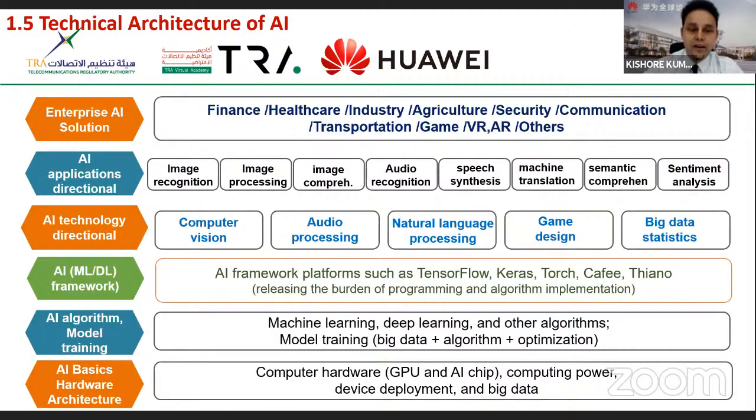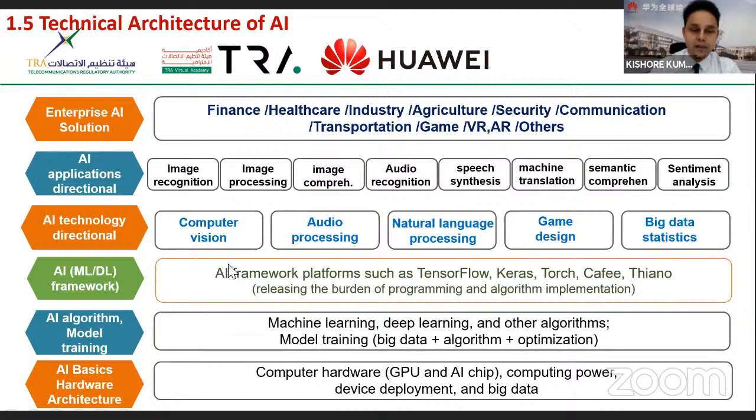Now, here is this AI architecture. Once again, I'm going to go through it briefly. No matter what architecture you're planning, you do have to have a hardware-based, low-level architecture. Then we have this AI model training, where we'll learn about machine learning, deep learning, and different algorithms.